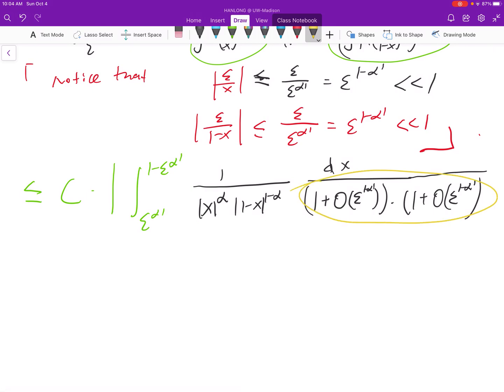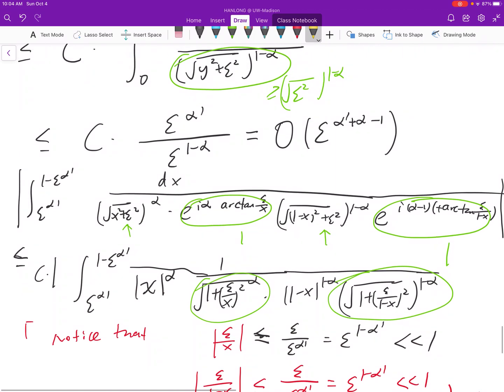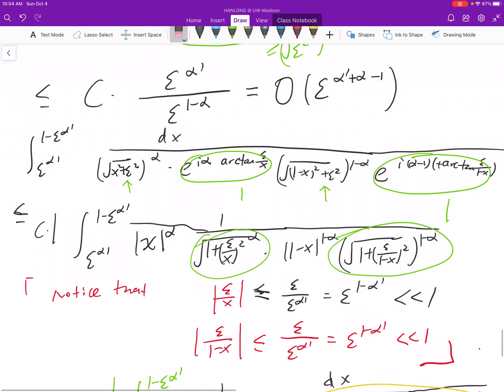You have this, and then if you take the limit, okay, sorry. Oh, my bad. Here we are not doing an estimate. We want to do the exact limit. So we also need to take care of the exponential part.